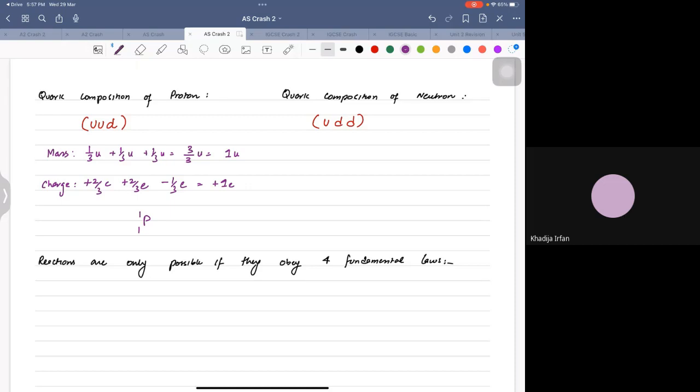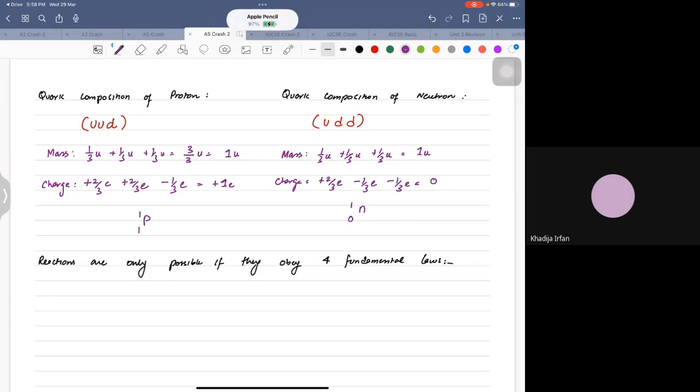Now for the neutron, the mass is going to be 1 by 3 U plus 1 by 3 U plus 1 by 3 U, and that's going to be 1 U. And for the charge, we check plus 2 by 3E minus 1 by 3E minus 1 by 3E, so it's going to be 0. So obviously neutron has one mass, no charge. You get how I checked it?